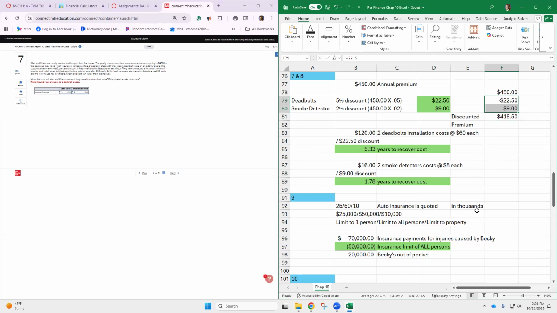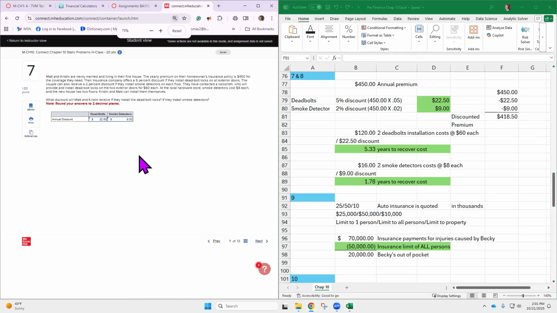I added those 2 together. You can highlight 2 cells if they have numbers in them, and you can look down here, it says sum, $31.50. Okay, so that's not what they wanted. They wanted to know how much they were individually, the annual discount. One was 5%, one was 2%.